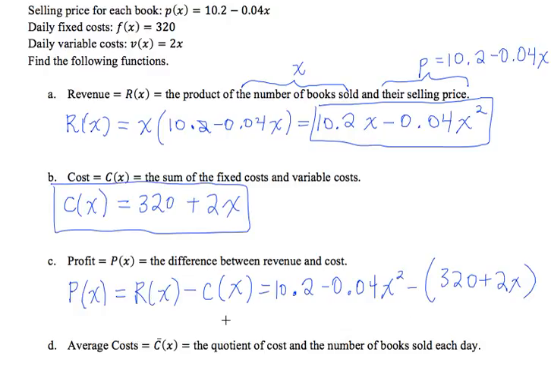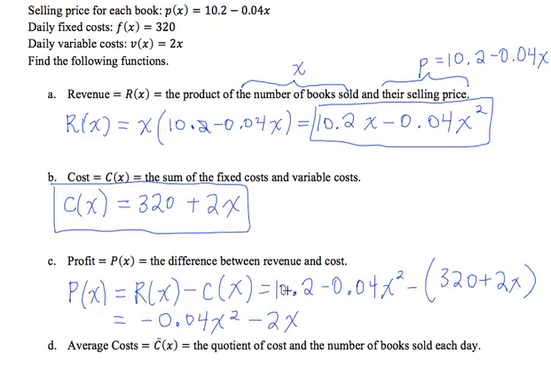Okay, and simplifying this here, then we have, I'm going to distribute that negative out, and I'm going to reorder these two terms. I'm going to start with the x squared term because that's standard, so it's negative 0.04x squared. Then this will become minus 320 and minus 2x. I'll put the minus 2x first, and then I'm going to go ahead and add the two constant terms.